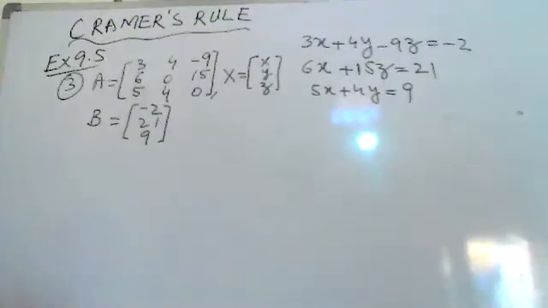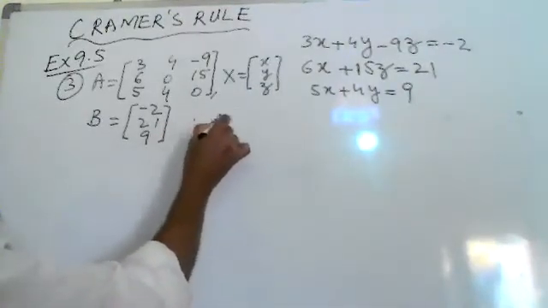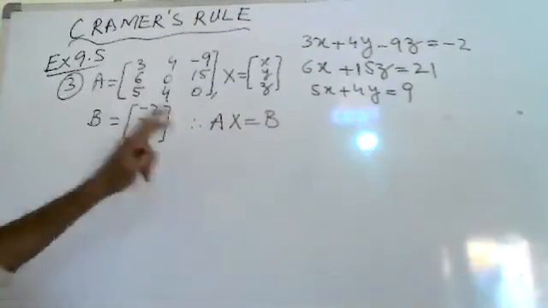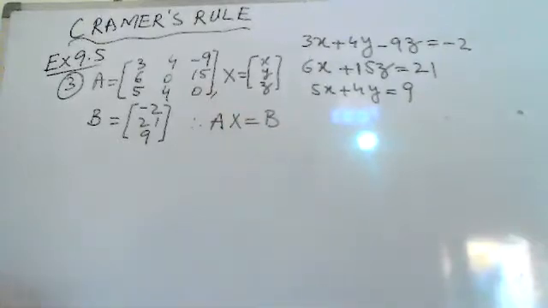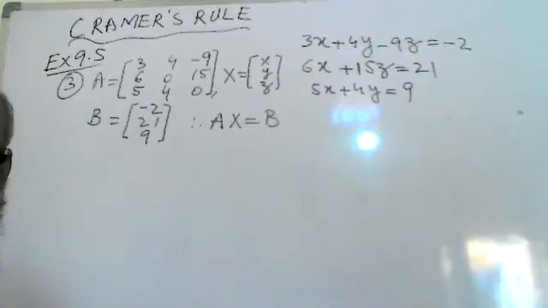This is the matrix of the constants. So the matrix equation will become AX is equal to B. Matrix of the coefficient into the matrix of the variable is equal to the matrix of the constant. AX is equal to B.